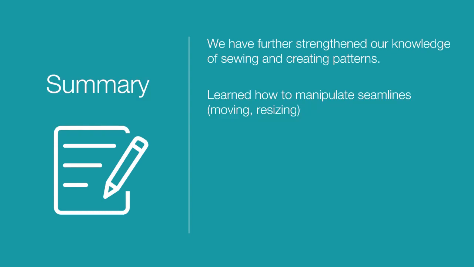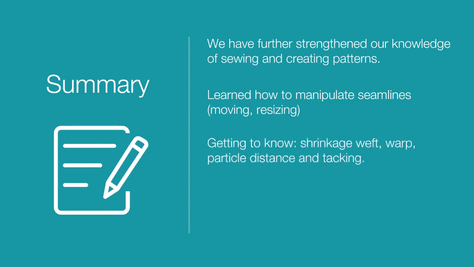We have devoted some attention to creating details using settings like shrinkage, weft, warp, manipulating particle distance, and using tacking. We also got to use the layer clone over feature with the pockets and waistband. And finally we had a thorough look at the pleat tool and pleat sewing.